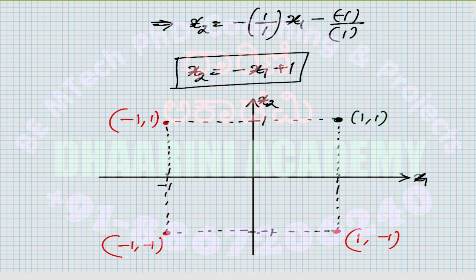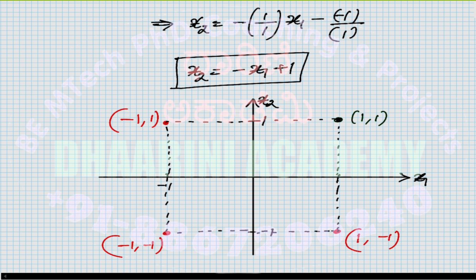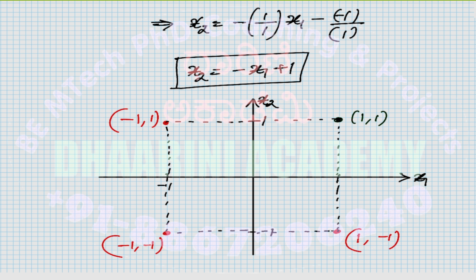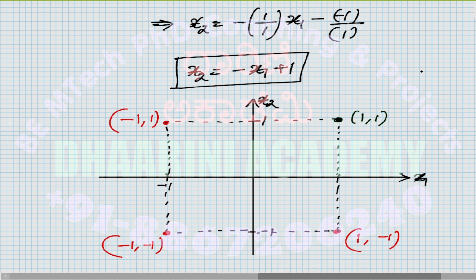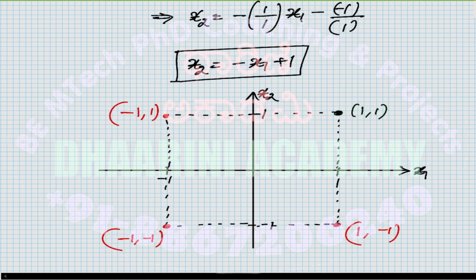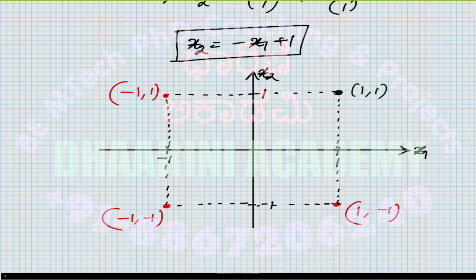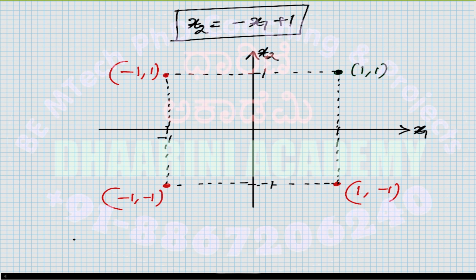But now let's check, right? How to check whether the line is classifying or not? We just have to identify which points the line passes through. We can find any 2 points. If let's say x1 equal to 0, when x1 is 0, x2 equals +1, correct?